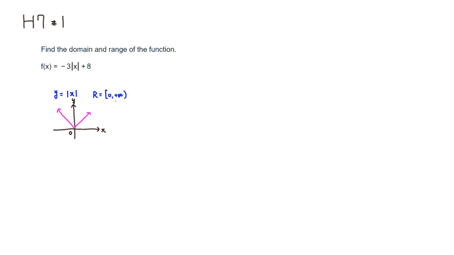Let's apply the first transformation. This is number 1. After the first transformation, you get y equals negative absolute value of x. Then the graph is going to look like this. This is a reflection about the x-axis.